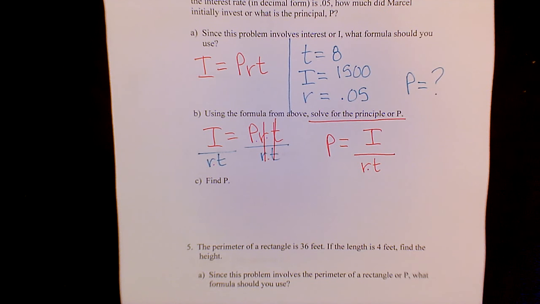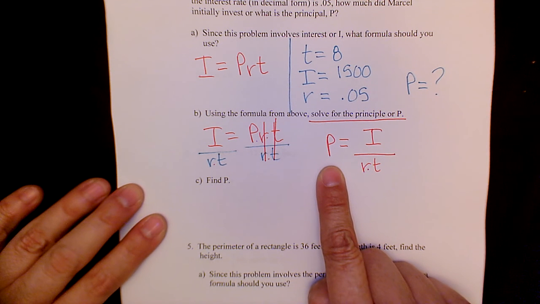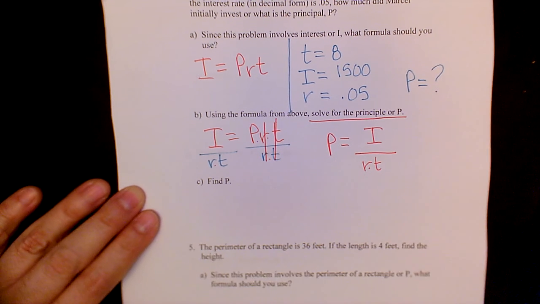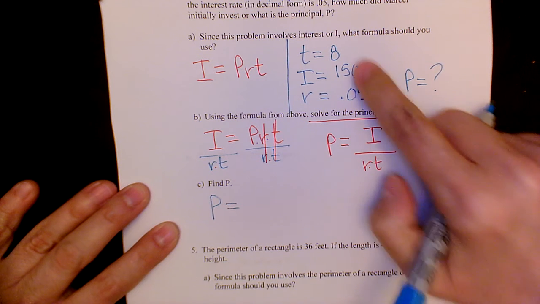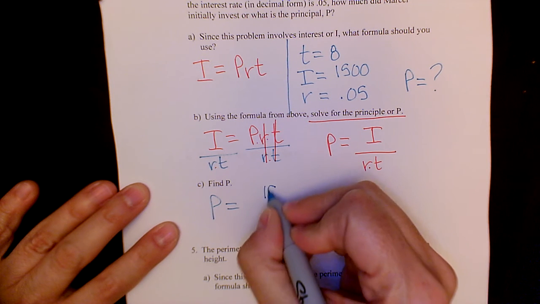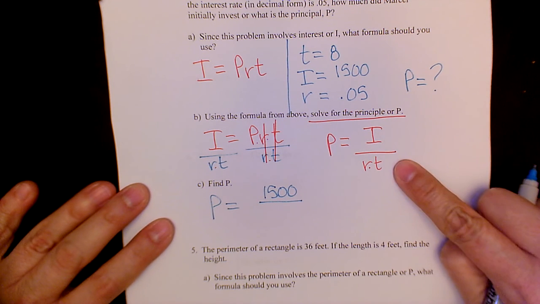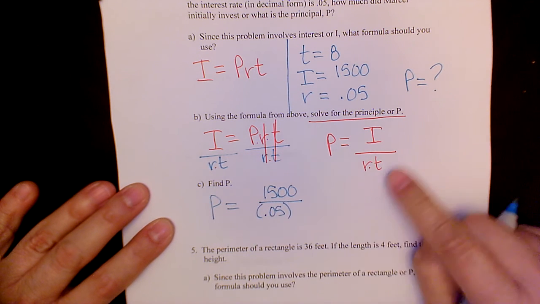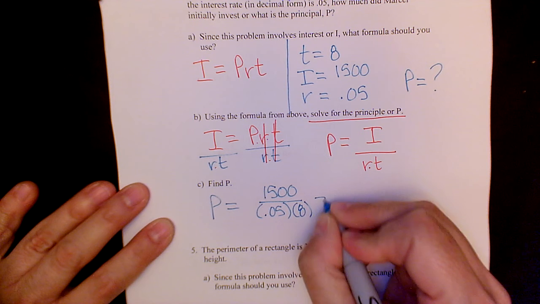So now for part C, I want to find P. Well, I know that P equals I. Let's write all this down. So P equals I, which is 1,500, over R, which is 0.05, times T, which is 8.